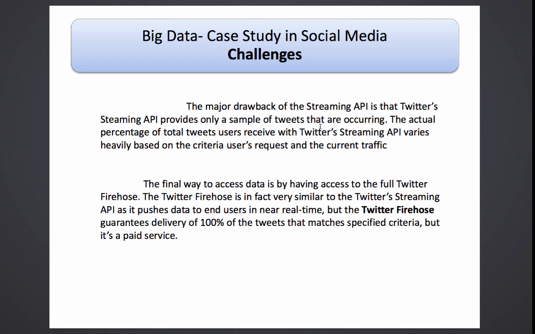But there is a way where we could access near real-time data, delivering us 100% of the tweets that match our specified criteria. That's called the Twitter Firehose, but it's a paid service. The Twitter streaming API is free, and you could just keep the program running and collect as much data as you wish. But the Twitter Firehose, which delivers us 100% of tweets, is a paid service.